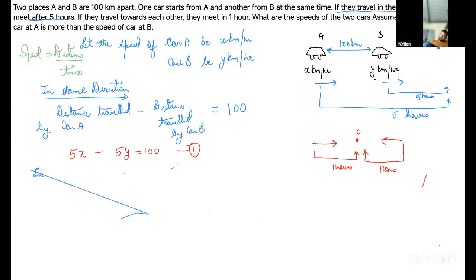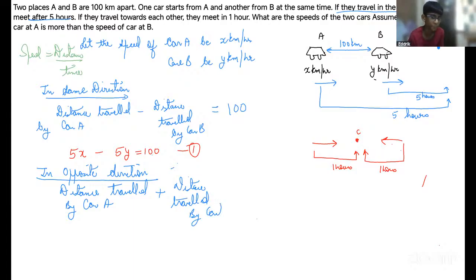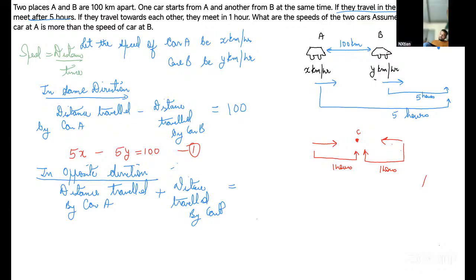in the opposite direction. If they go in opposite directions, I have to do it like this: distance traveled by car A plus distance traveled by car B is equal to, now you tell me.